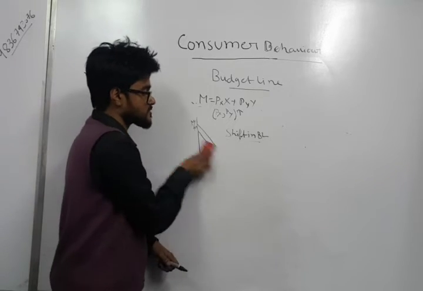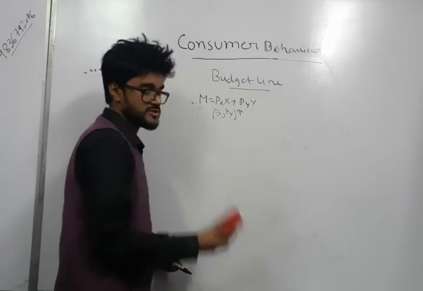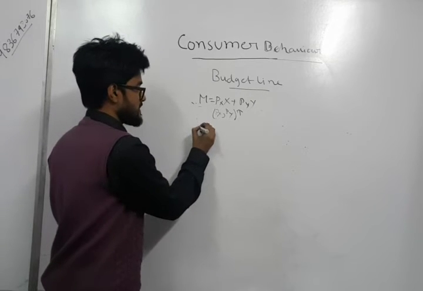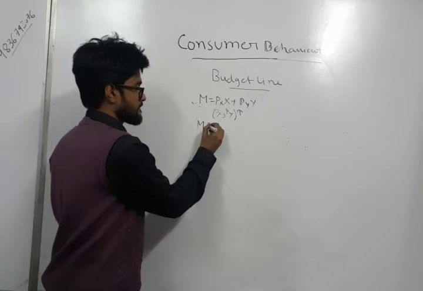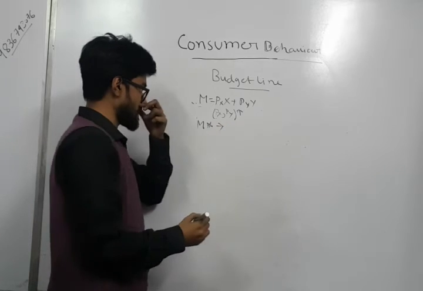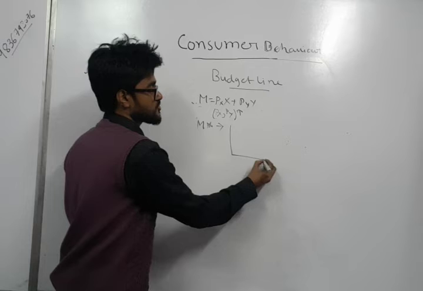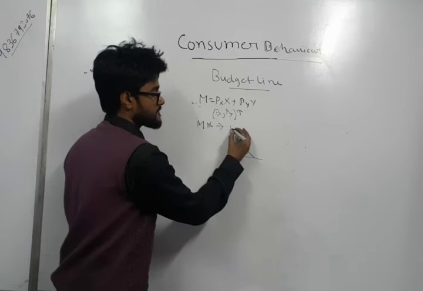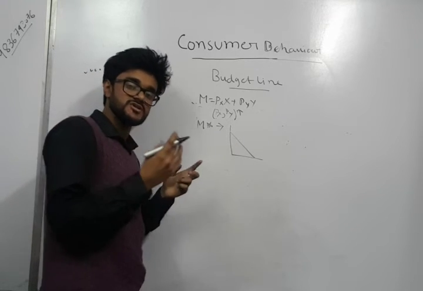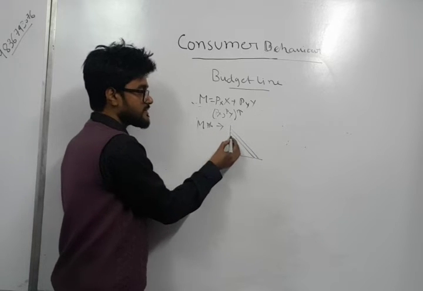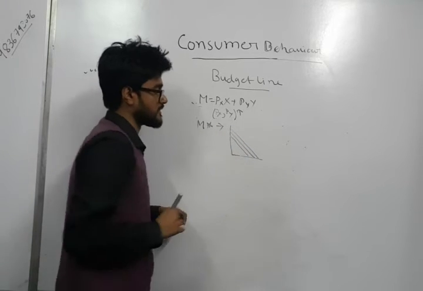Now we'll take the case where money income M changes. What happens when M changes? The budget line shifts rightward or leftward. If your income increases, the budget line shifts rightward. When income decreases, the budget line shifts leftward.